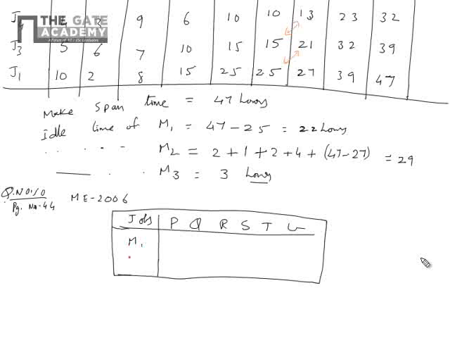So M1, M2, with processing times 15, 6, 32, 19, 8, 13, 27, 20, 11, 14, 16, 7.